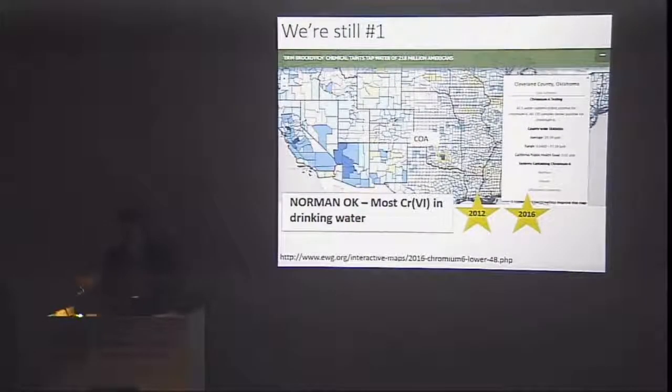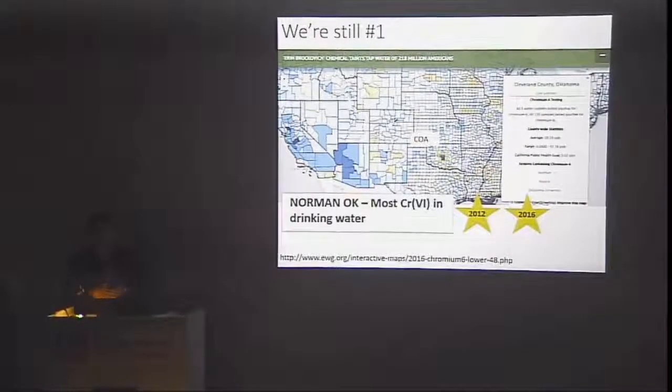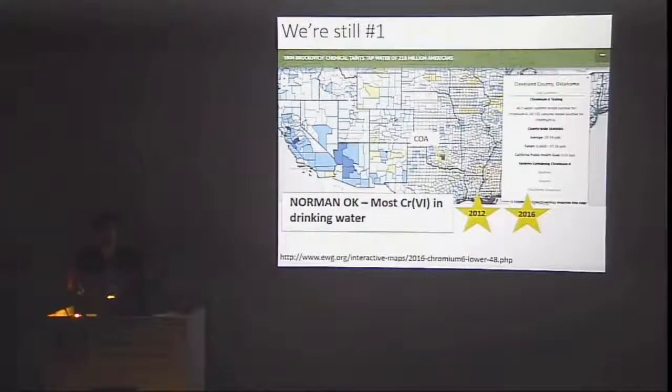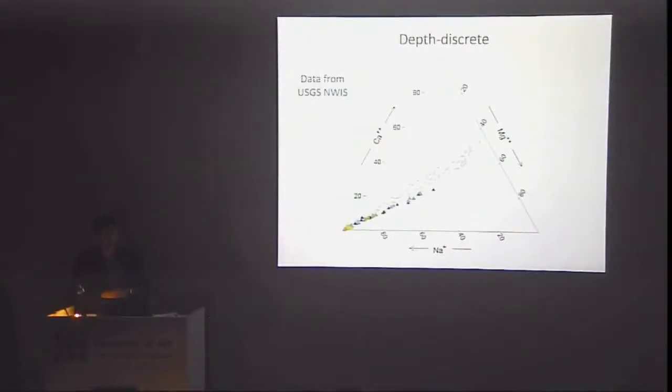So just to give one quick example, chromium in the city of Norman, we're still number one. And I will say that the city of Norman has been very helpful and incredibly proactive on thinking about this and what we're going to do about it. Let me show you some quick data from the USGS NWIS, and one of the things we'd like from partners is more data that's taken from specific depths in wells.